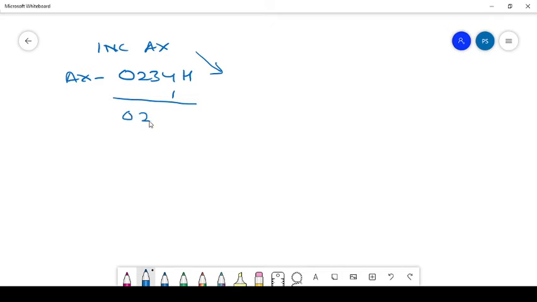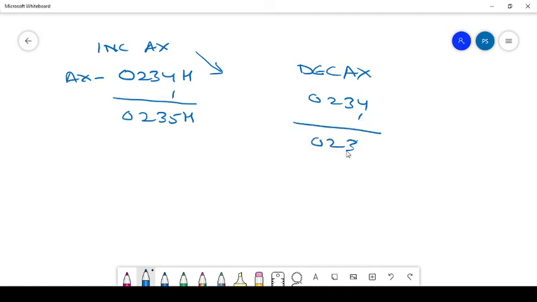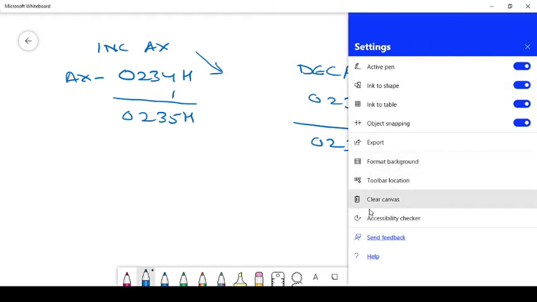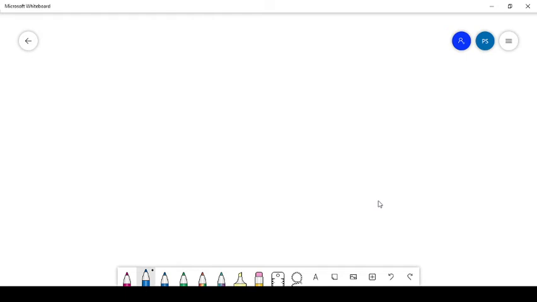That means the answer will be 0, 2, 3, 5H. In a similar way, decrement AX: the content of AX will be subtracted by 1, that is 0, 2, 3, 3H. So this is the example for the add, ADC, increment, decrement instructions. And in a similar way, you can discuss the subtract and compare instructions.